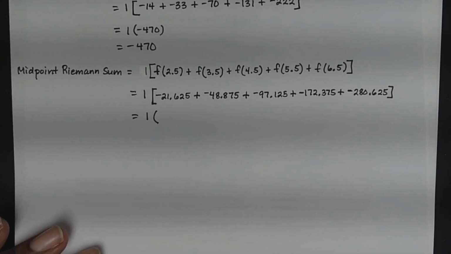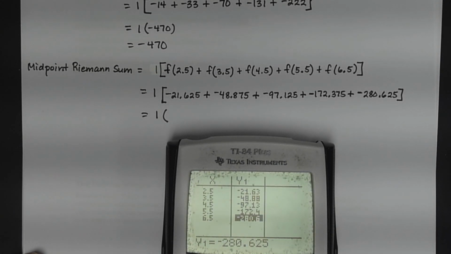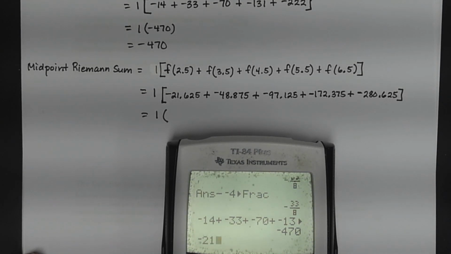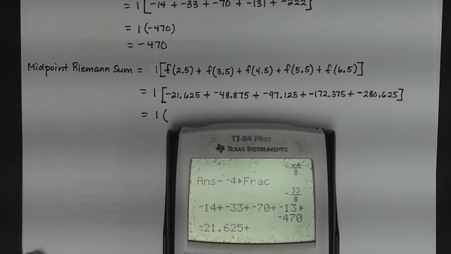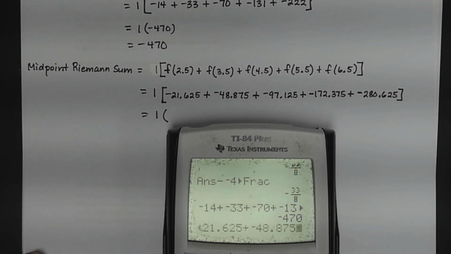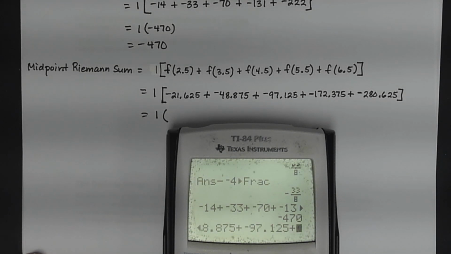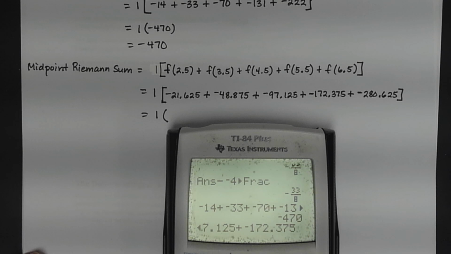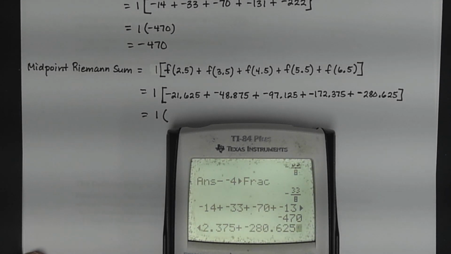Okay, so if I pull this up, and by the way, feel free to pause the video if you need to. Let's see, negative 21.625 plus negative 48.875 plus negative 97.125 plus negative 172.375 plus negative 280.625.